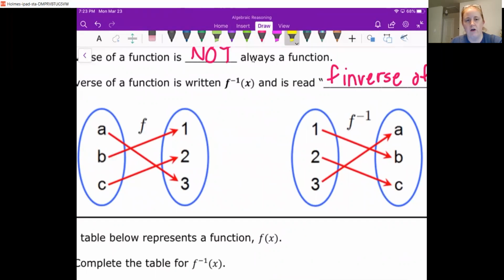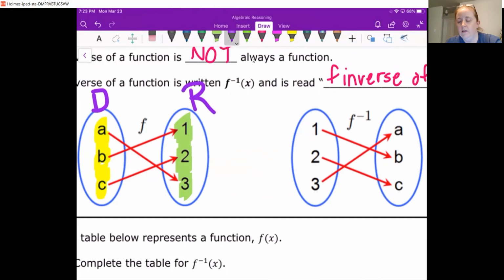Take a look at what's going on in the first f over on the left side. In the left bubble, you have the letters A, B, C. Remember we talked about domain and range a while back? That in fact is my domain, while the second bubble contains the range.